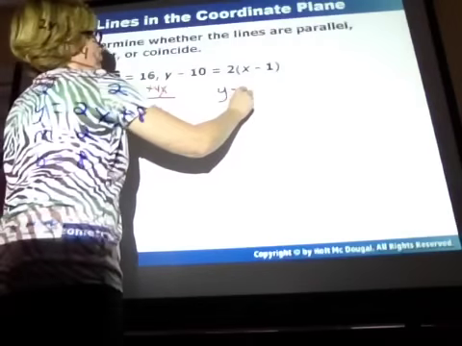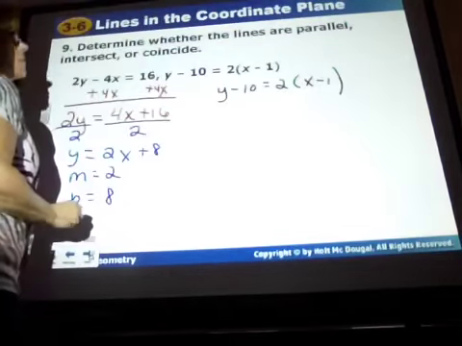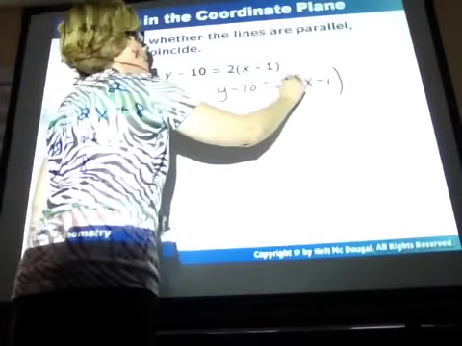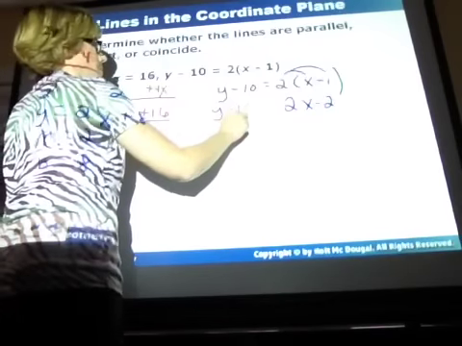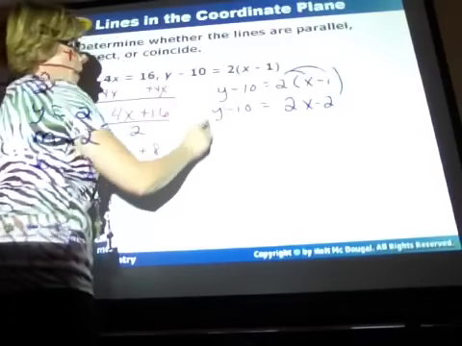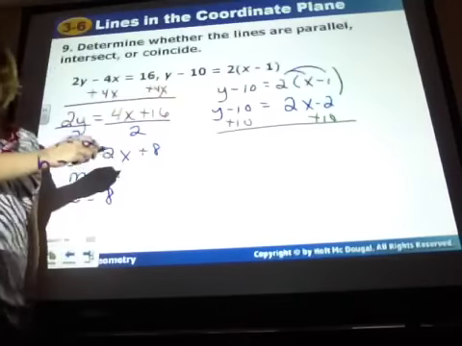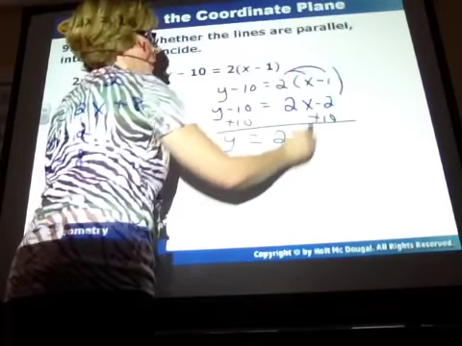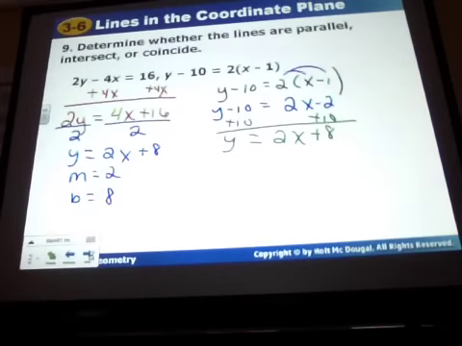And then on this second line, I'm going to go ahead and distribute, so that I can isolate my variable y by taking the inverse of subtraction. And negative 2 plus 10 is a positive 8.